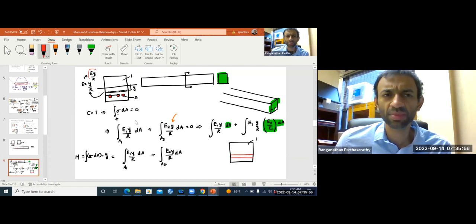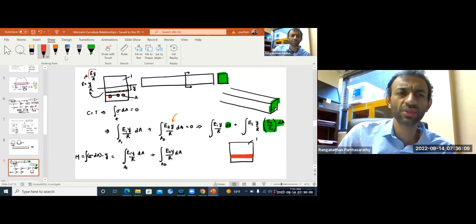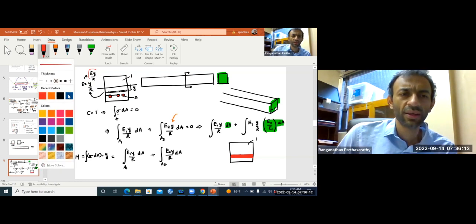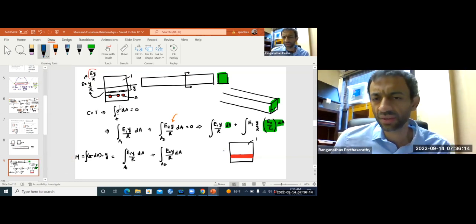Everything still applies, but it is easier to see. Okay, this is your steel. And that's our neutral axis.